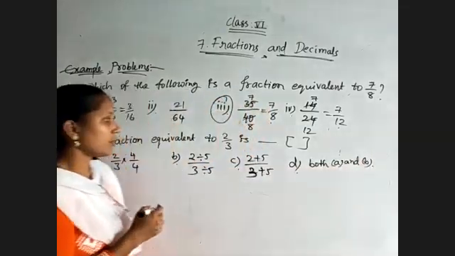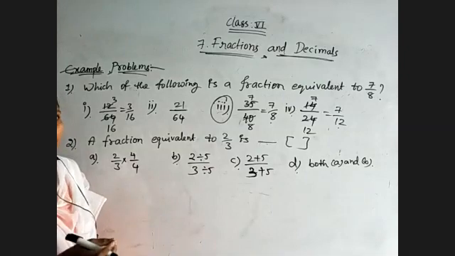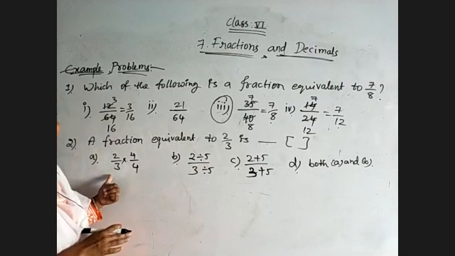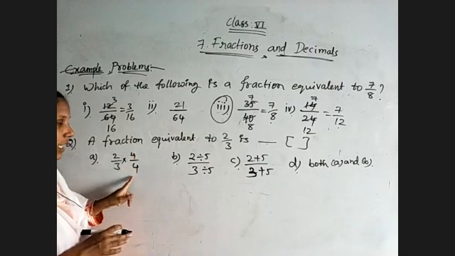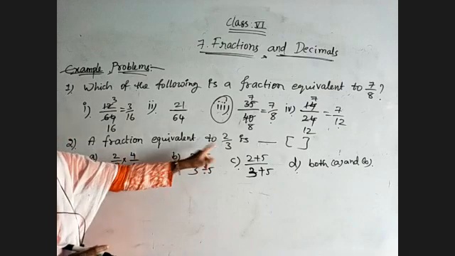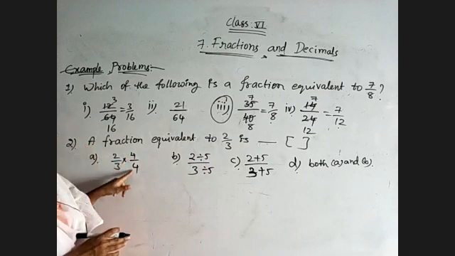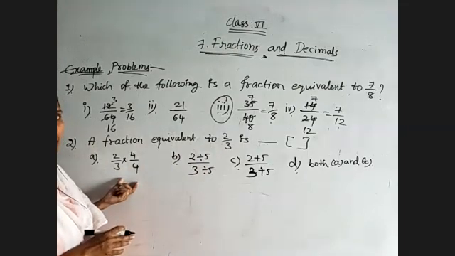Okay, observe the given problem here. Equivalent fractions, how we get them: by multiplying or dividing the numerator and denominator with the same number. Observe the first option. Here they have used multiplication, and the given fraction is 2 by 3. For this 2 and 3, they have multiplied with 4 and 4, so it is an equivalent fraction.